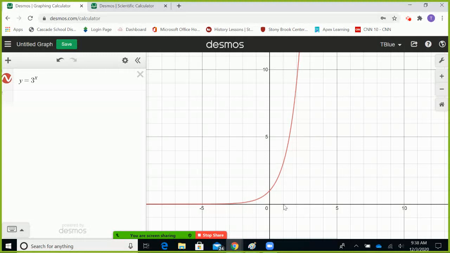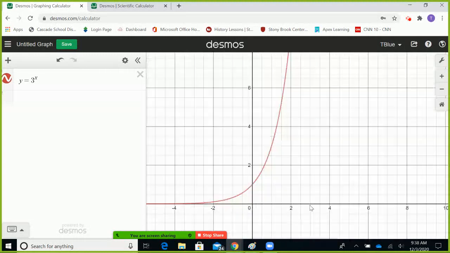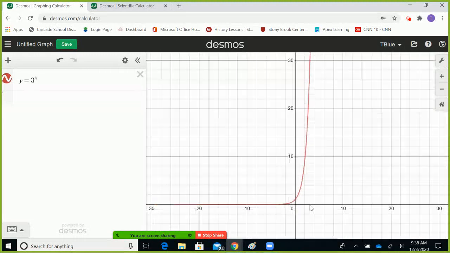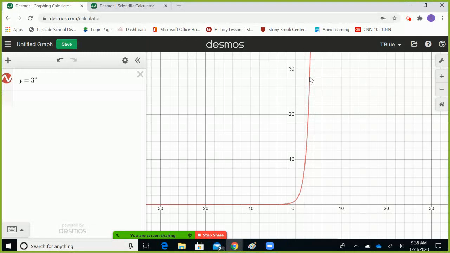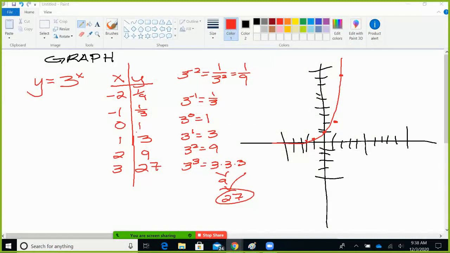And then 3, 27 is going to be right there. All right. So there's your exponential growth for that and how to graph it.